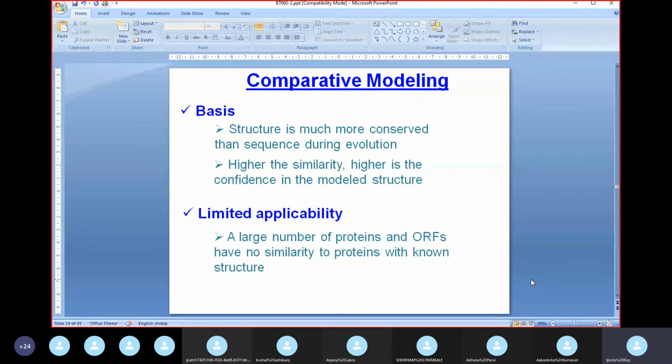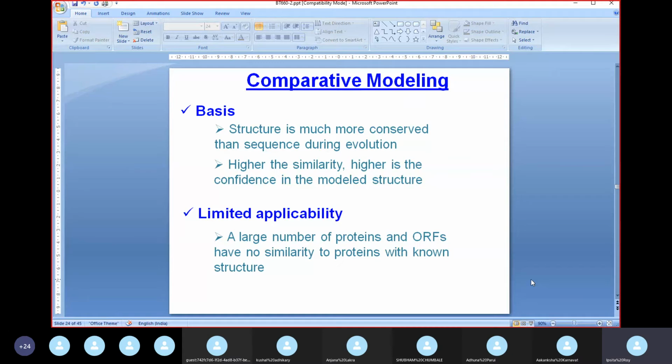So the basis of comparative modeling is that the shape that is generated is much more conserved, because nature has determined that the NAD binding domain should look like this, and if it looks like this, then it is always going to carry out an oxidation or a reduction process at that NAD binding domain. So that structure continues to be conserved even if individual amino acids that make up that structure may differ in different enzymes or different proteins.